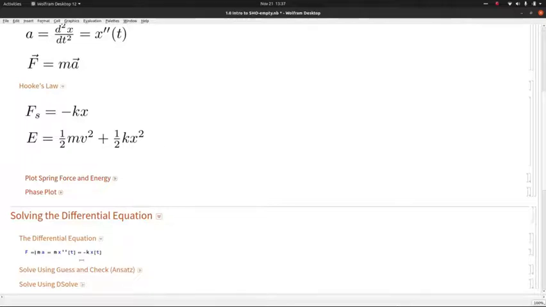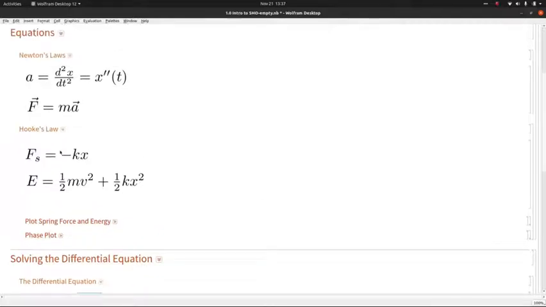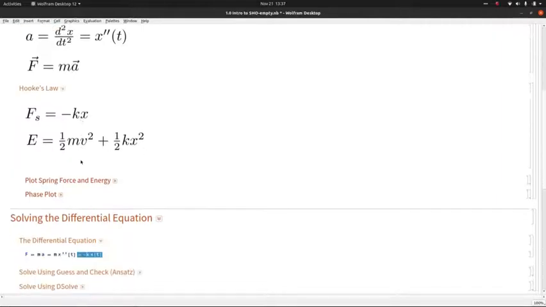That'll be important. So if you're coming up with errors in your code, make sure you check that. But the spring force is also given by Hooke's law, which is minus the spring constant k times the position x. And here we're going to write x as a function of time.